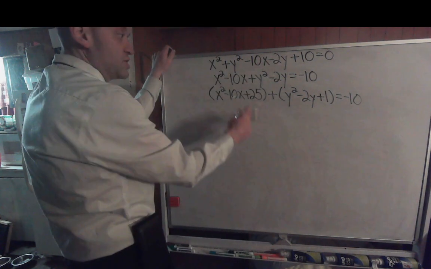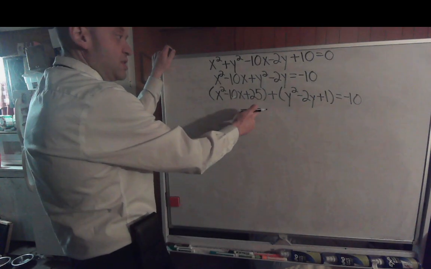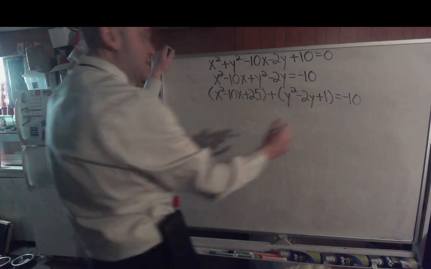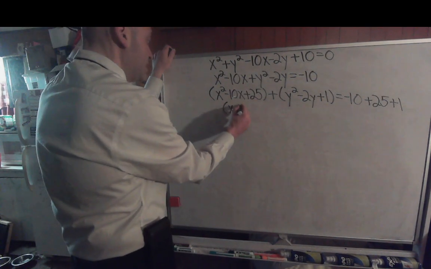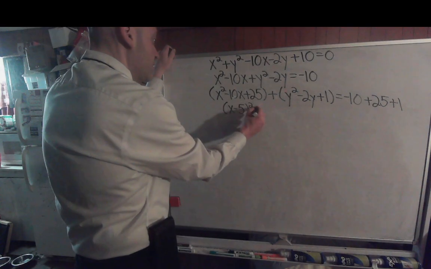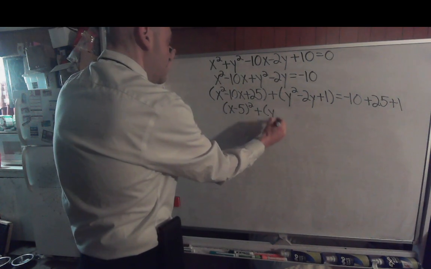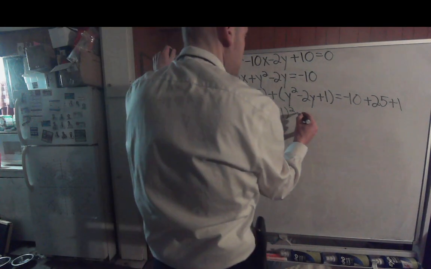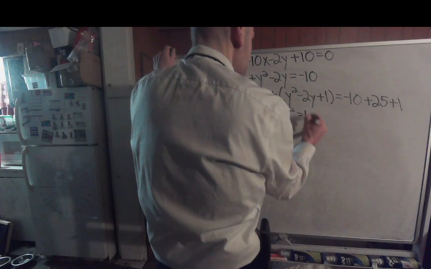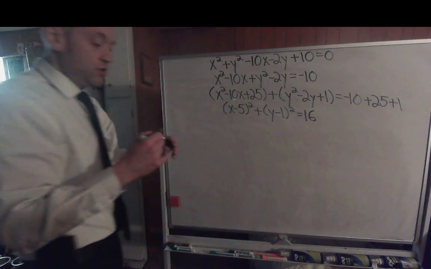Now you complete the square, so you got to add both the results from here to the right side. This would actually turn into plus 25 plus 1. So this would factor into x minus 5 squared plus y minus 1 squared equals 16.